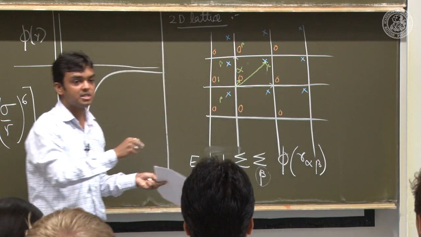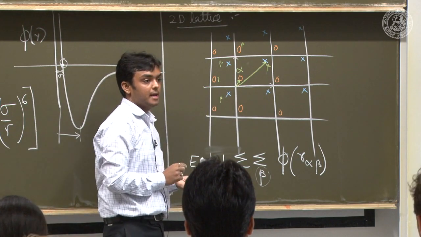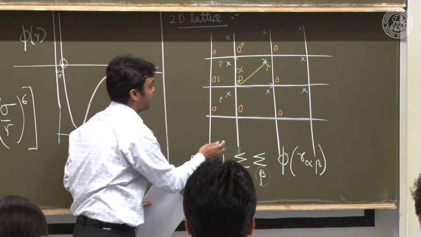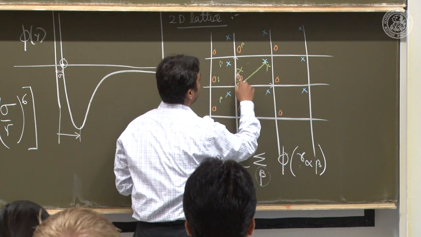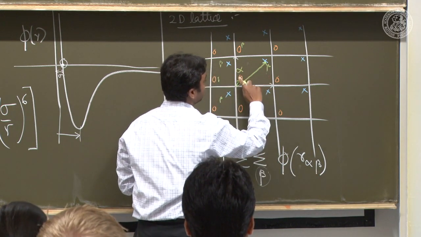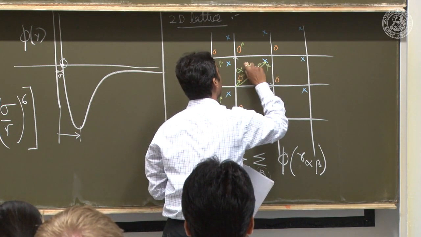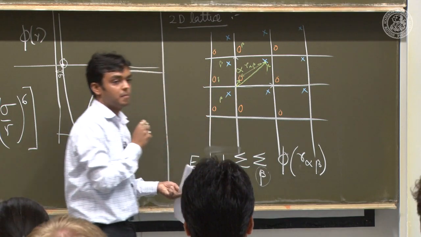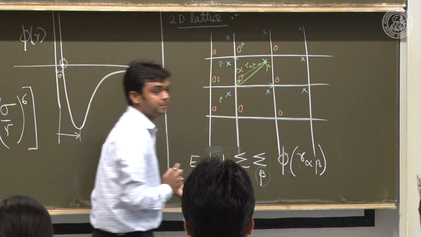So those are neighbors of this basis atom, and I have accounted the bond length between them. This is my r alpha beta, so that's the bond energy I am accounting here.